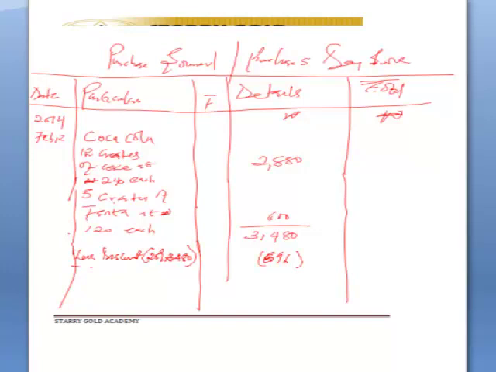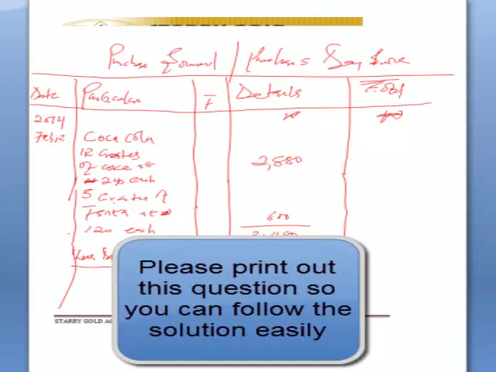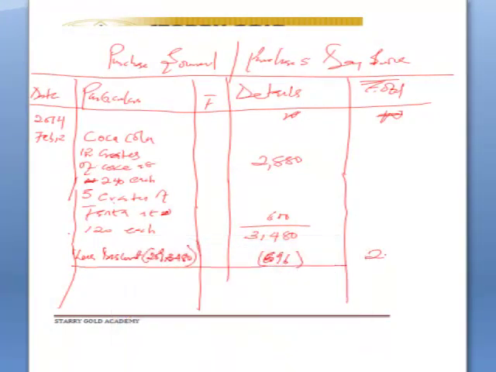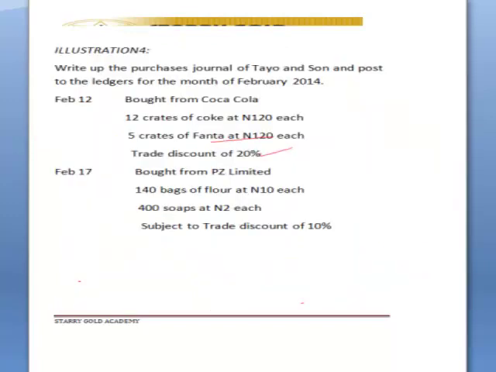When we less this, we send the total, and that will be 2,784. And when that is done, the next is to pick the order bought from PZ Limited.